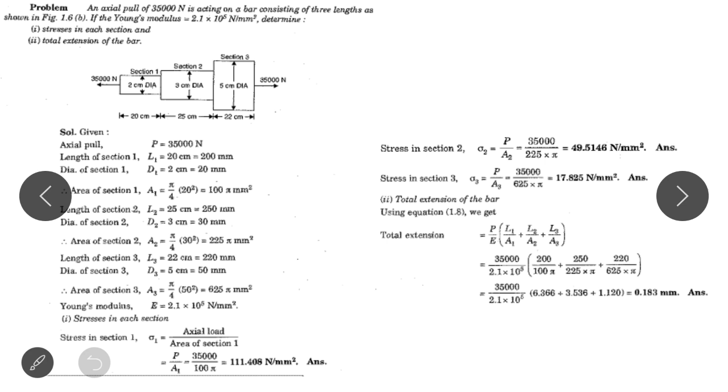Therefore, we have to find the total extension of the bar. So delta L is equal to P divided by E bracket of L1 divided by A1 plus L2 divided by A2 plus L3 divided by A3.